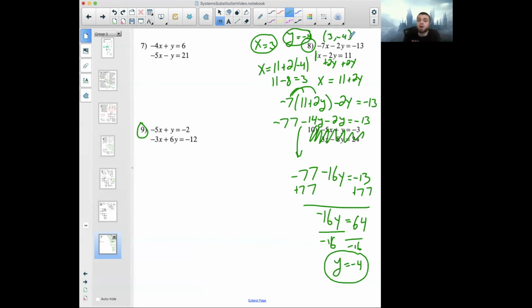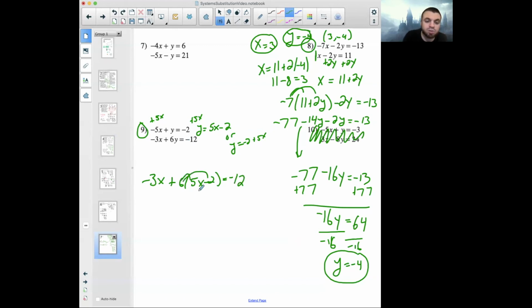All right, on the bottom one last example, we can see that up top, y is almost alone. So the thing that you get alone could be in the top equation or the bottom equation, okay? And remember, you could write this or you could write negative 2 plus 5x. Lots of ways to do this. Then I'm going to come to the second equation: negative 3x plus 6 times (5x minus 2) equals negative 12.